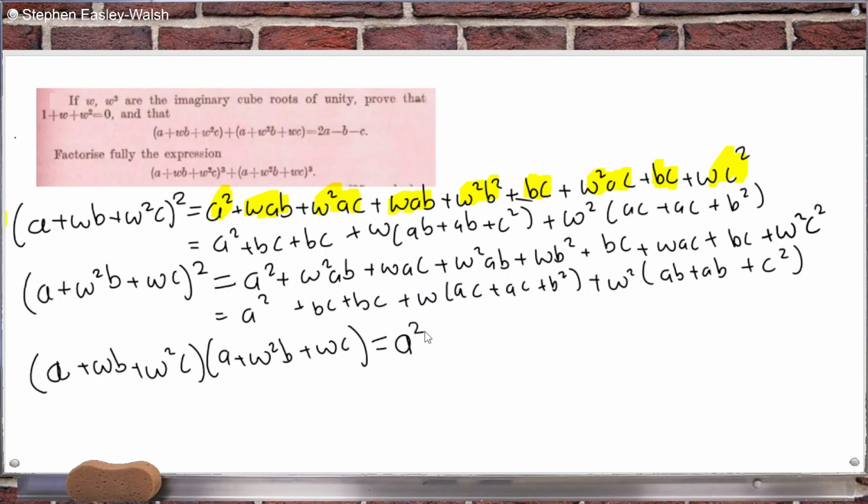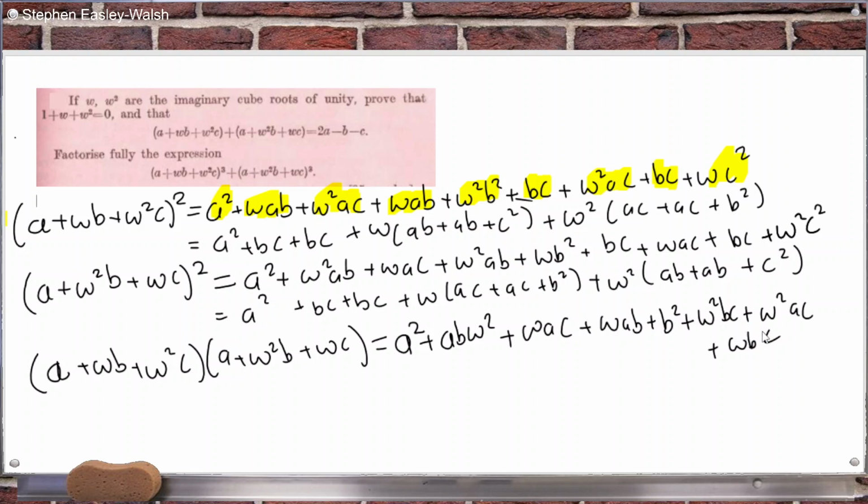So that's a squared plus ab omega squared plus omega ac plus omega ab plus omega cubed b squared plus omega squared bc plus omega squared ac plus omega cubed bc, no, omega 4 bc, so that's omega bc, omega squared times omega squared, and then omega cubed c squared.